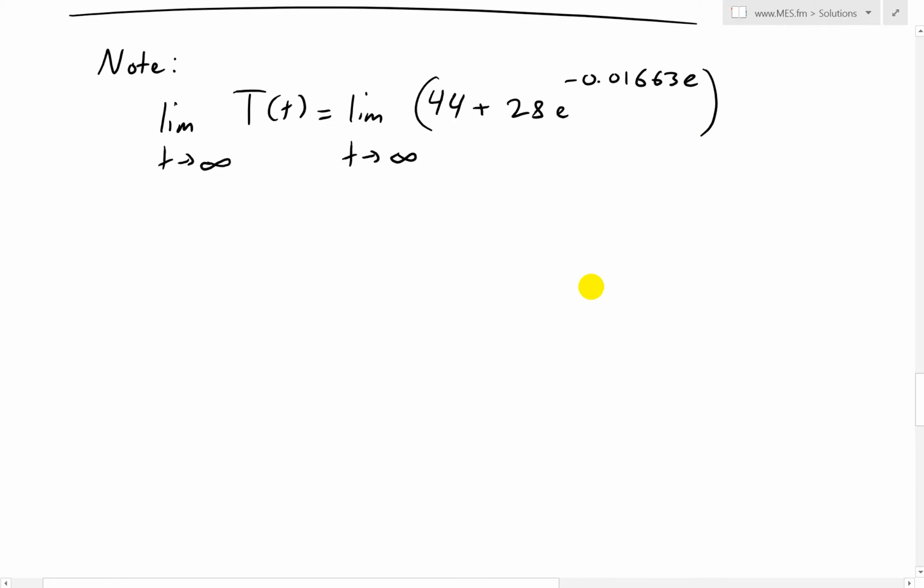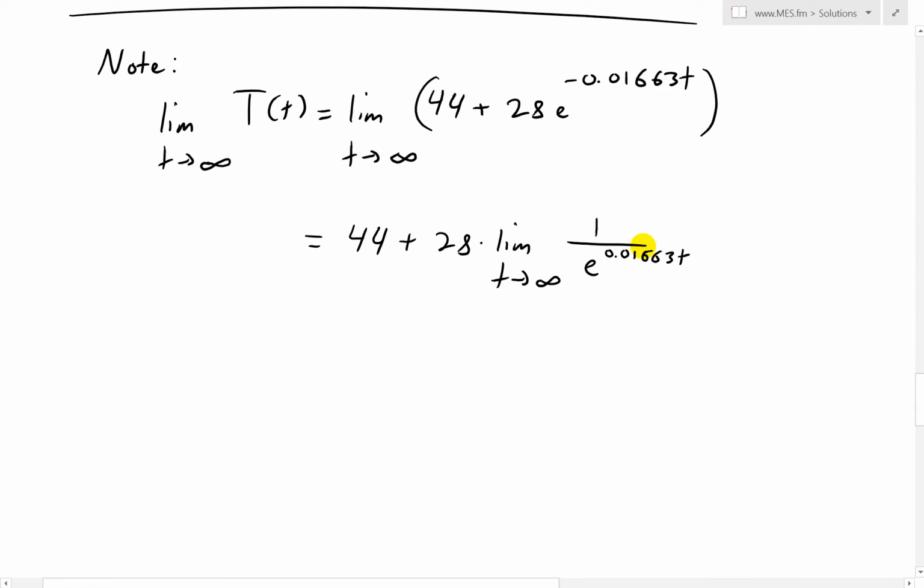If we plug this in and take the limit as you wait an infinite amount of time, the 44 is just a constant, so it doesn't change by the limit. Plus 28 is still a constant, so we take it out. This is times the limit as t approaches infinity, and I'm going to put the negative power at the bottom so it's easier to comprehend. That makes it a positive power by moving it to the bottom, which is just what the negative means: e to the 0.01663 t, and this is a t, not an e.